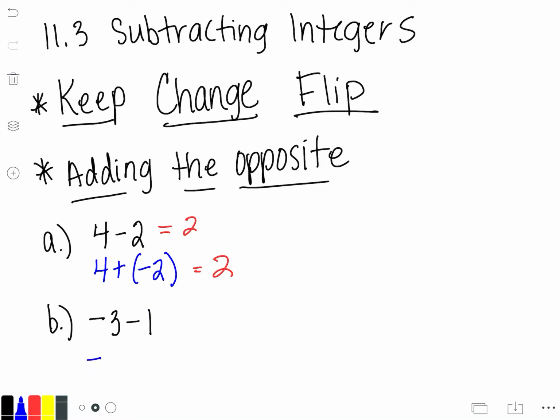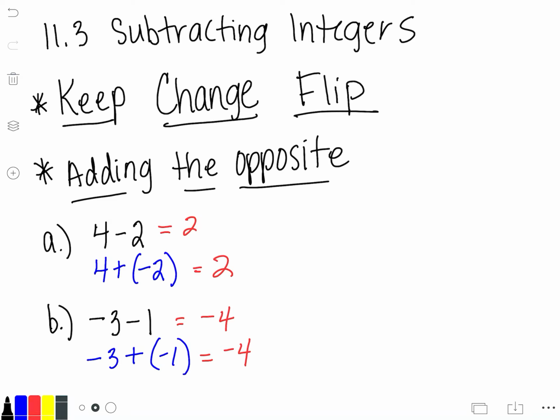Keep the negative 3 the same, change subtraction to addition, and flip the sign of the second number. So instead of being a positive 1, you end up with a negative 1 here. And then you follow the rules that you learned for adding integers. With this particular problem, both of the signs are the same, so you add and you keep the sign. So 3 plus 1 is 4, and we're going to keep it a negative 4. Both of these answers would be negative 4.